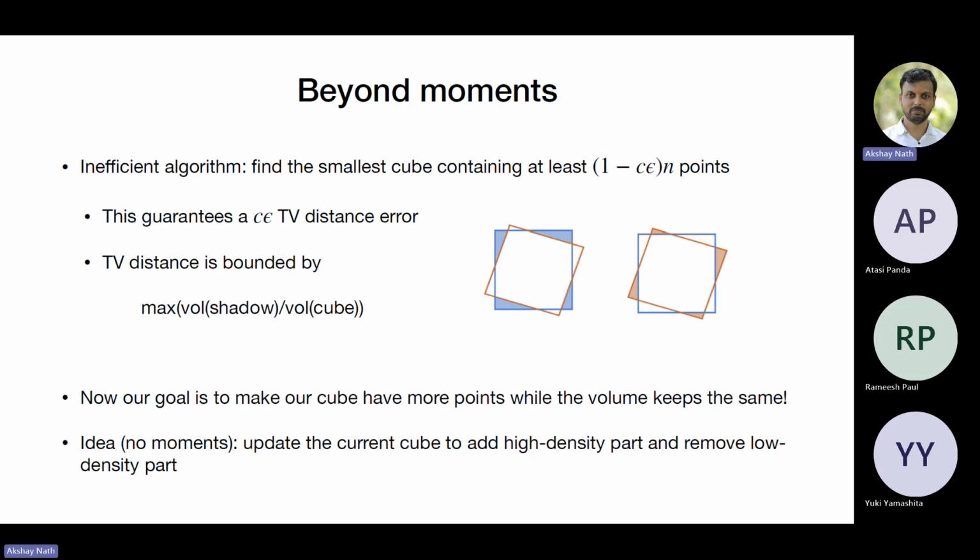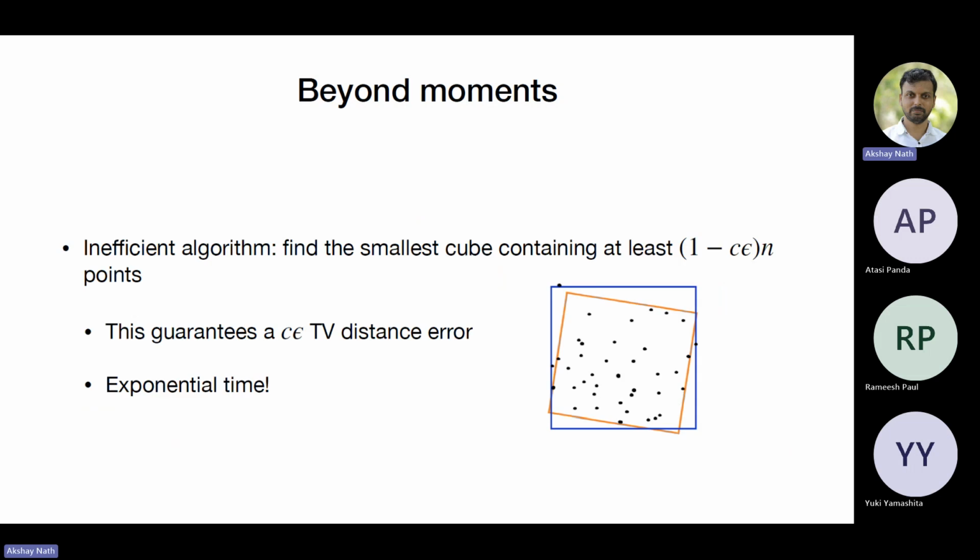So forget the context that these points come from a distribution. Your input is just a set of n points, and you have a target volume, say gamma. Is there a cube of volume gamma? That's like a coverage problem.